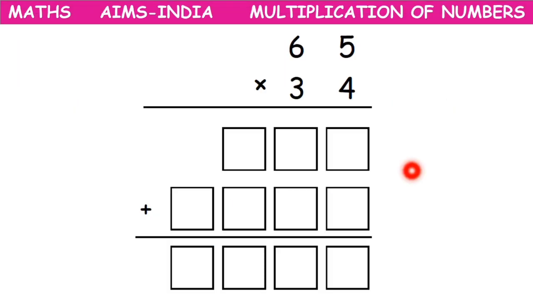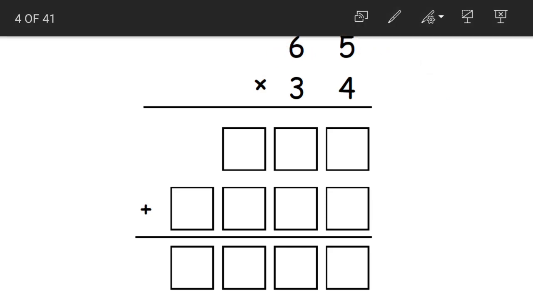Now moving to how to multiply 2-digit numbers. I know that you have already done multiplication of 2-digit numbers in your previous standard, but let us revise. Now see, what are we doing? We have ones and tens in the multiplicand. First, what should we do? We should multiply with the ones. 4 5s are 20.